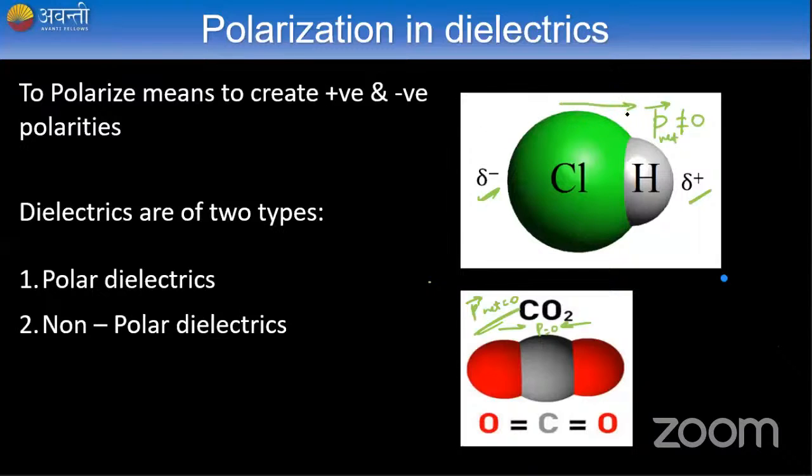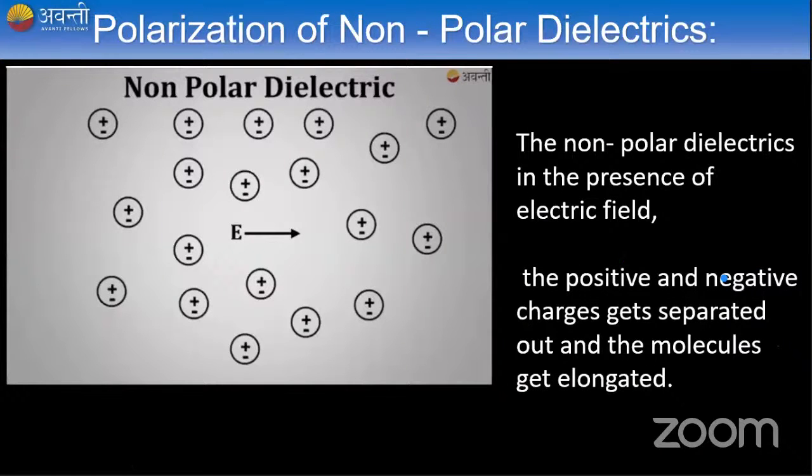So guys, in physics we take the dipole moment from negative to positive. It's exactly opposite to that of your chemistry, so don't get confused. So this is my net dipole moment. My net dipole moment is not equal to zero in the case of polar dielectrics, and it's zero in the case of non-polar dielectrics.